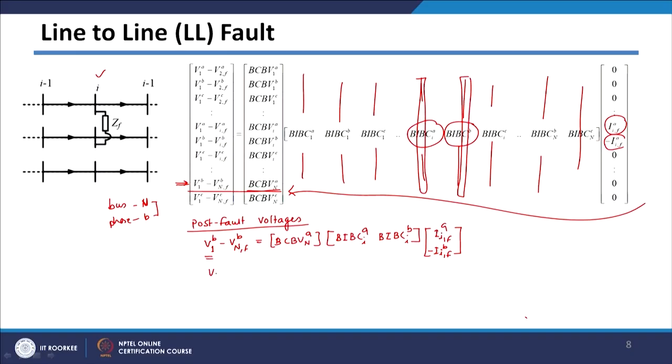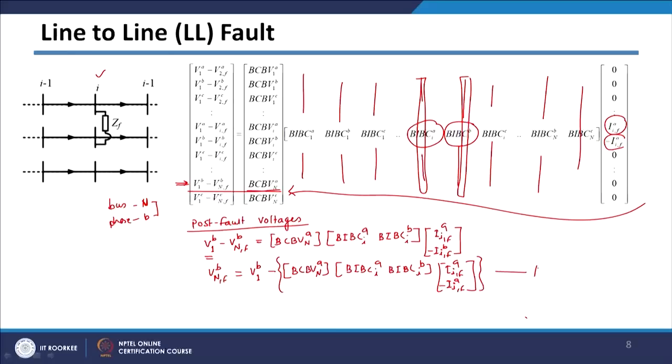So, I can easily write post fault voltages of B phase of nth bus will be equal to V1B, which is B phase voltage of first bus, minus BCBV of, and then BIBC of B phase, and then A phase.